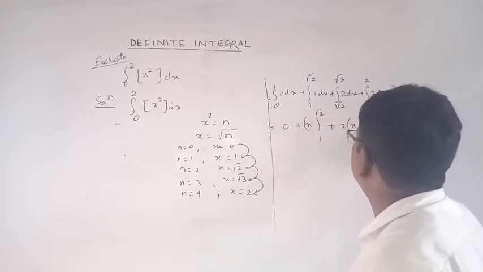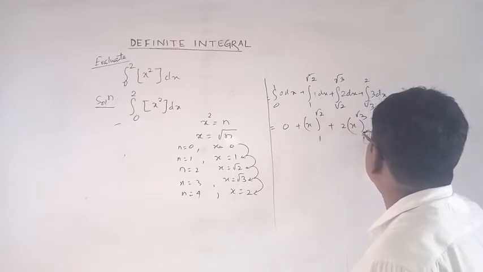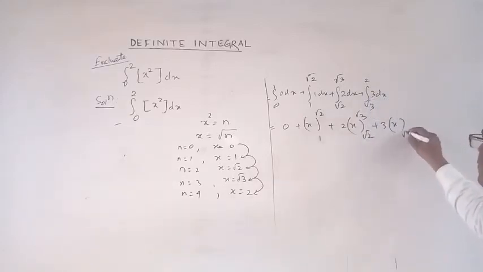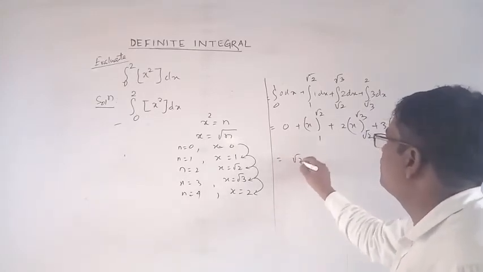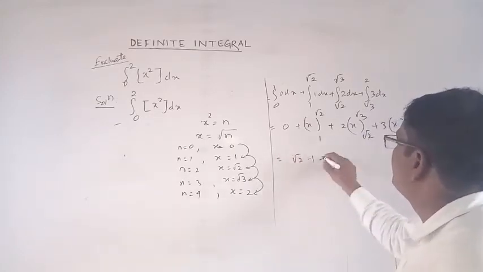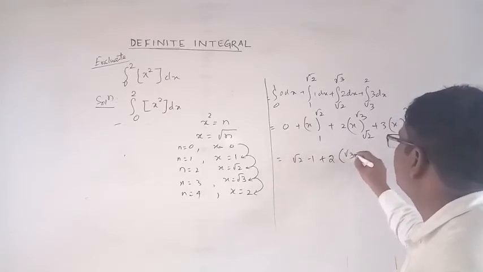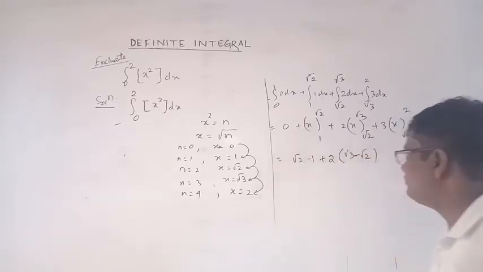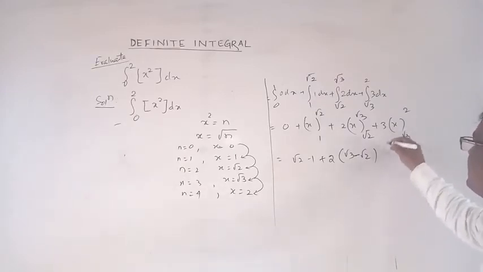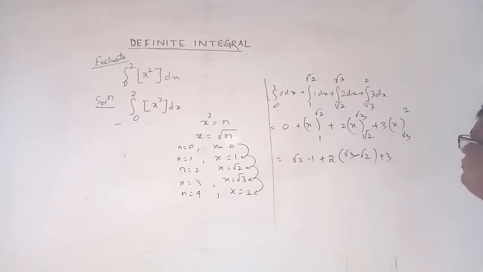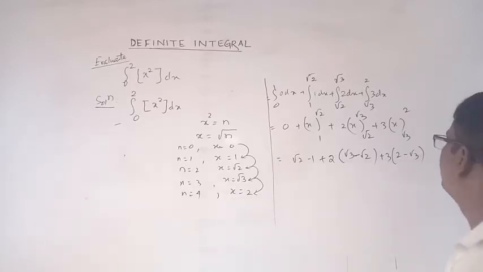Limit to √2 to √3 add 3x, limit to √3 to 2. So this is √2 minus 1, plus 2 into what, √3 minus √2, then and this is what, 3 into 2 minus √3.